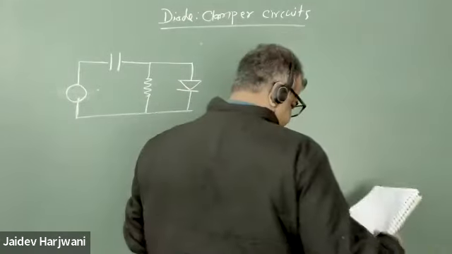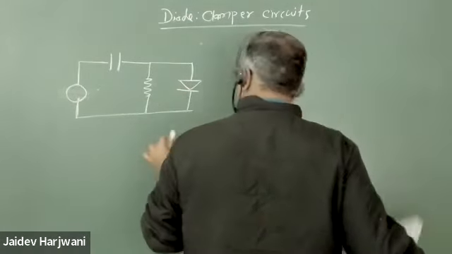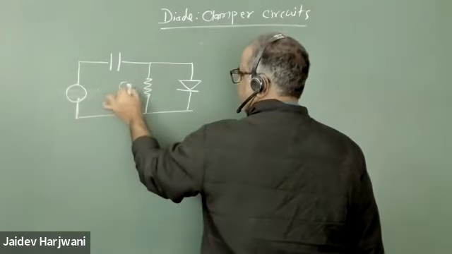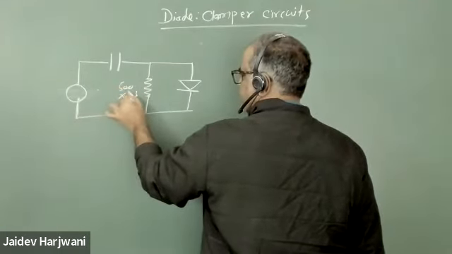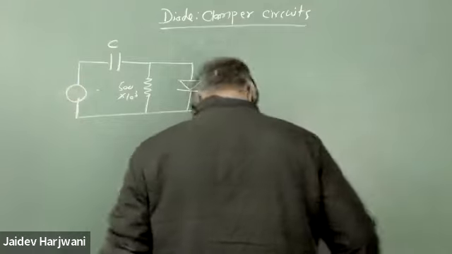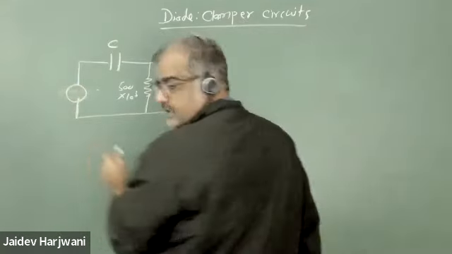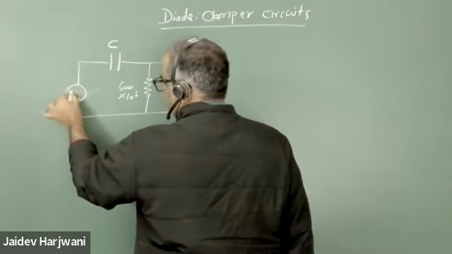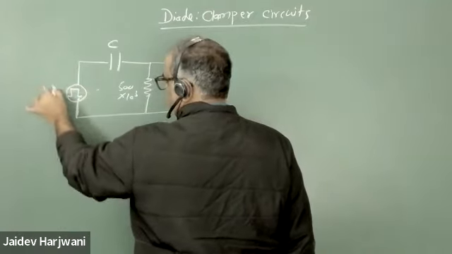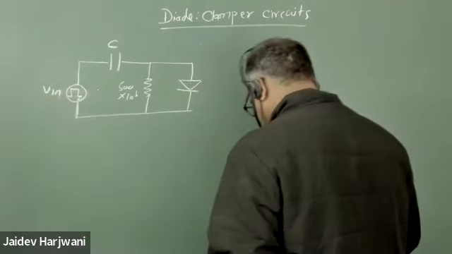This value is 500 kilo ohm. Okay, it's too high. This is my capacitor, and here I'm applying a square wave. My V input is a square pulse.